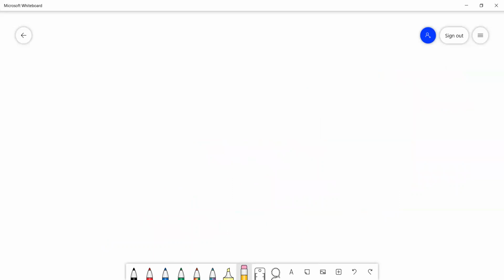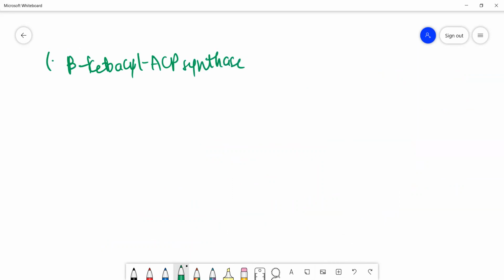So we made mention that we have beta ketoacyl ACP synthase, right? That's the first enzyme. ACP is going to take butyryl ACP to this active site and leave it there.